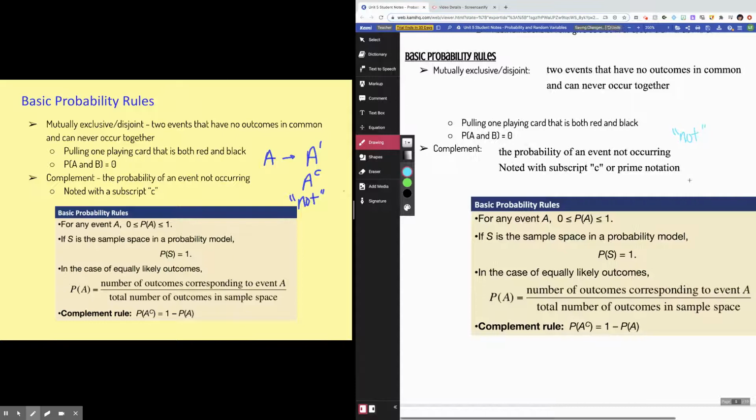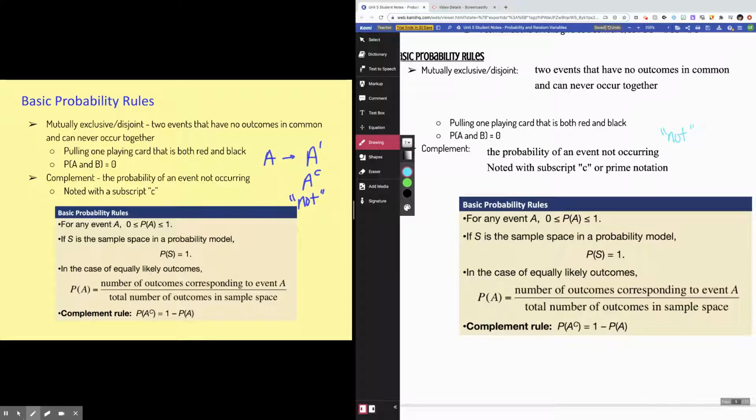Just as a reminder, the way that we calculate probability is the number of outcomes for the event that we're looking for divided by the total number of outcomes in the sample space. And then my complement rule, which is very important to remember, is that you can find the probability of something not happening by doing 1 minus the probability of that event actually happening.